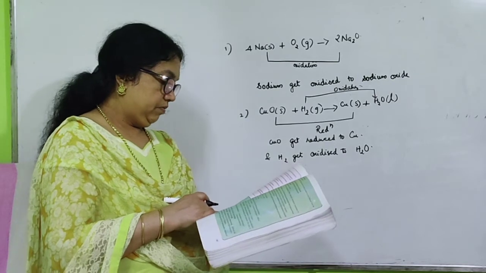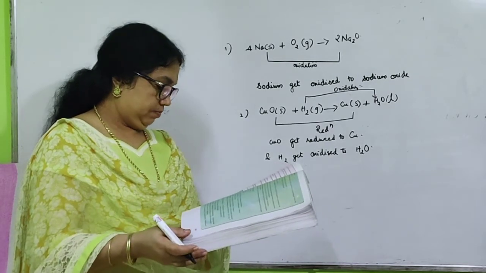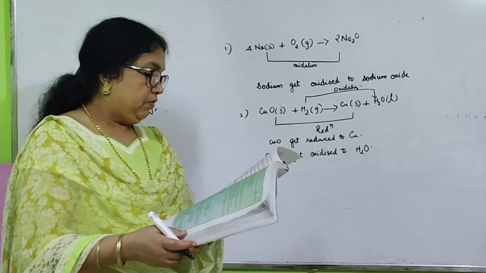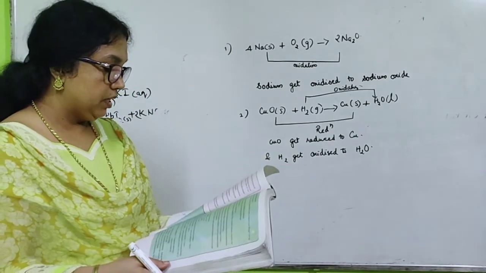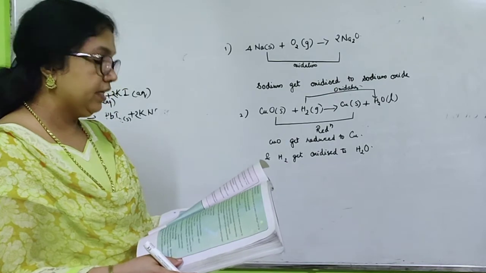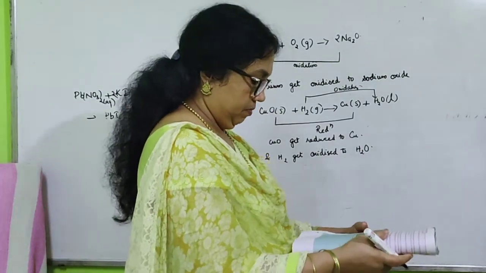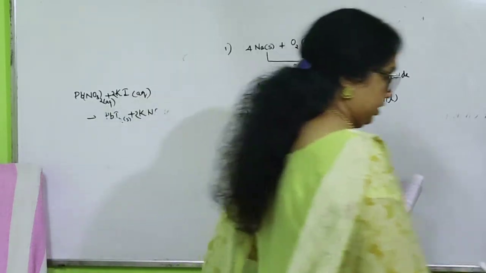Now exercise, page number 14, first question that we have not done. Which of the following statements about the reaction below are incorrect? The question is from page number 14 exercise, first question.